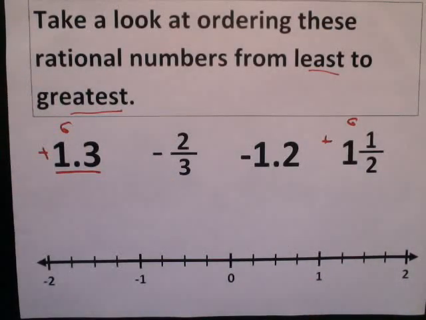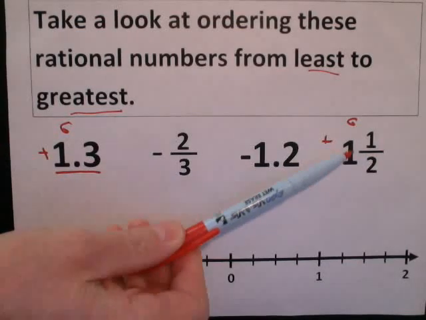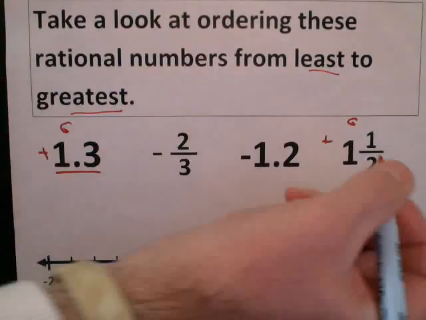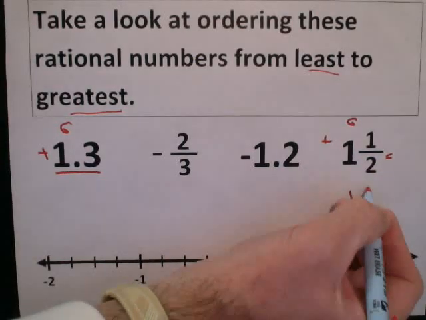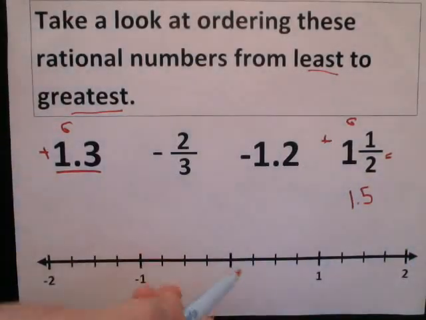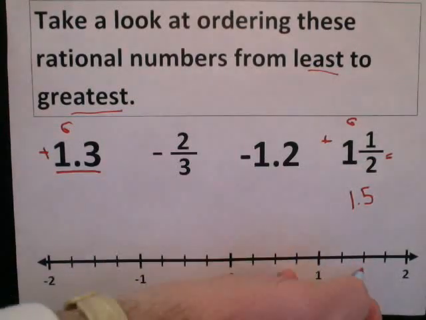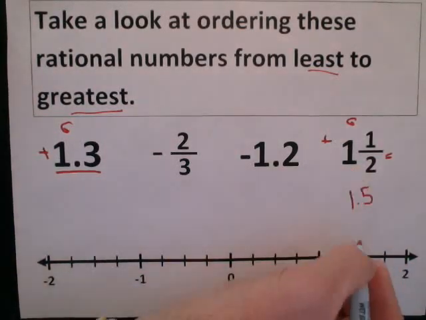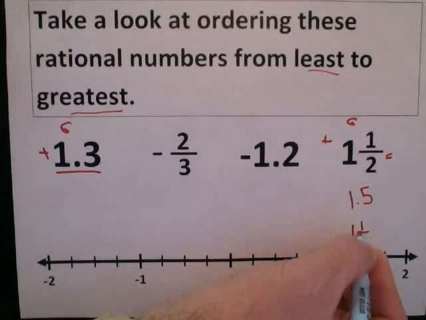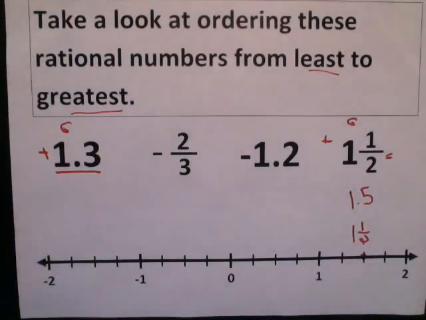And then if we look at it, we can say, well, 1.5 on the number line is right here. And so we know that 1.5 will fall on the number line at that point right there.